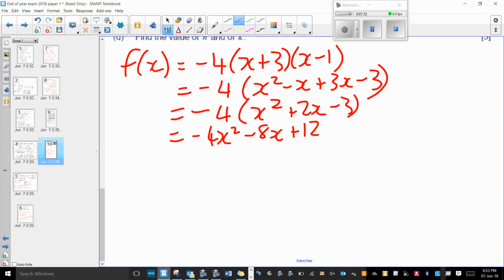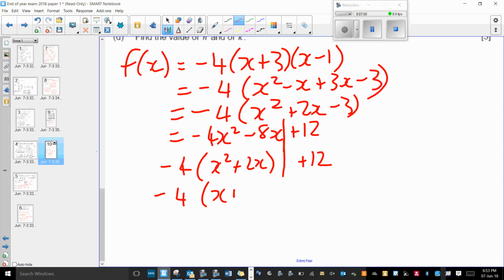So ignoring this, I'm bringing my -4 to the front. I've got x squared plus 2x. I've got -4 x plus 1 squared. Remember, we're completing the square. We're multiplying that also by -1, because it's this value squared, we have to subtract it.